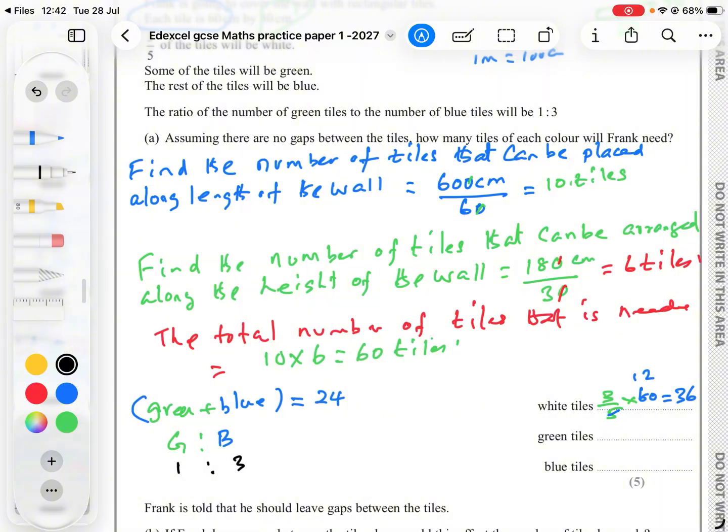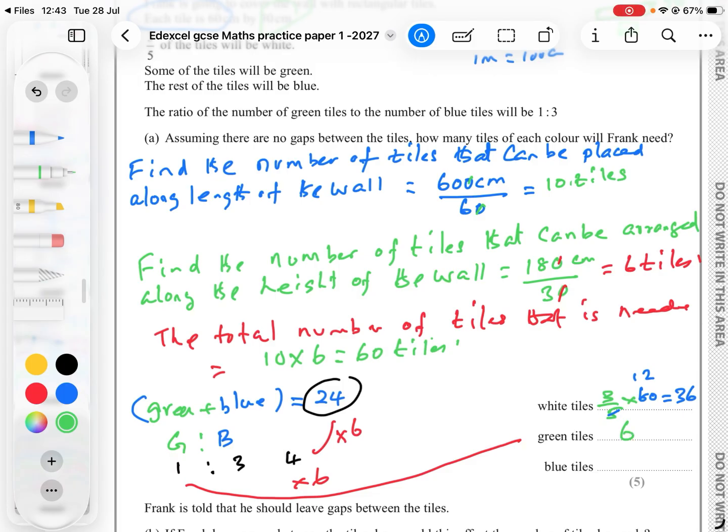So that means total according to the ratio is 4, but in reality you have 24. So you have to multiply by 6, 4 times 6 is 24. That's reality. So 1 times 6, you need green tiles, 6 tiles needed.